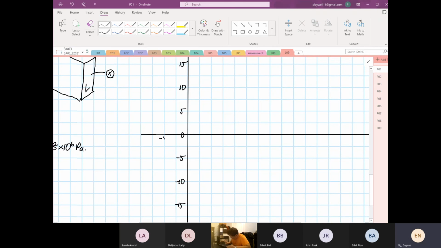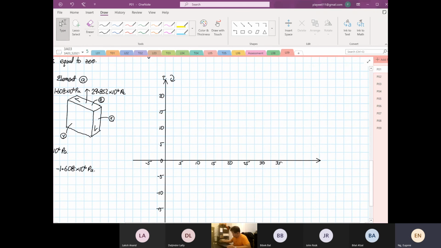You have minus 5 down here, 5, 10, 15, 20, 25, 30, and 35. You have to make sure that the scale on the normal stress and the shear stress are the same. Otherwise you will get an oval instead of a circle.